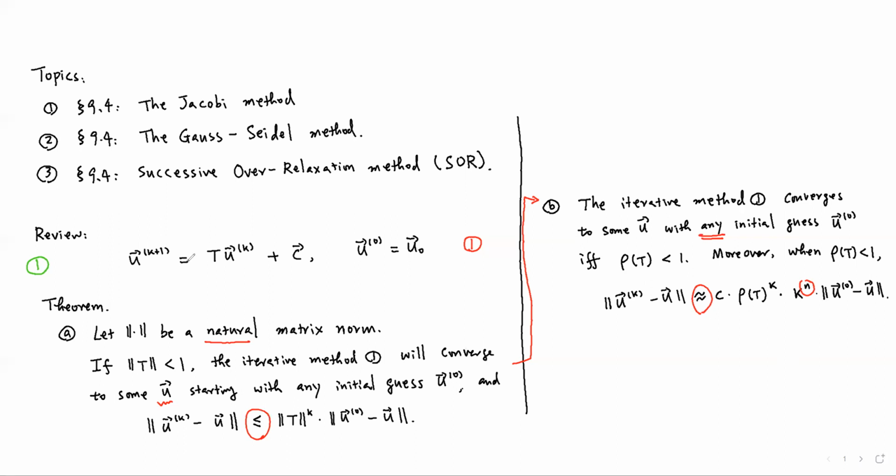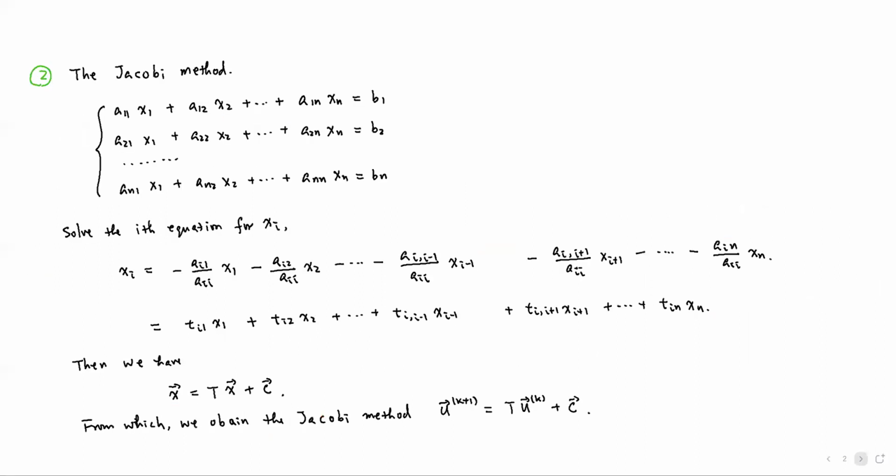This is review 1. Now, review 2: the Jacobi method. How to derive the Jacobi method? We want to solve this linear system.